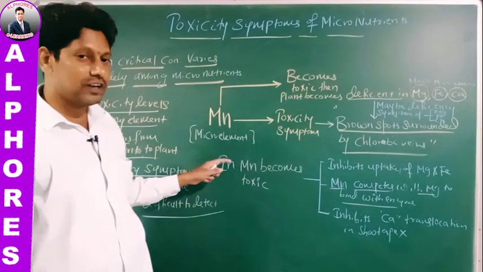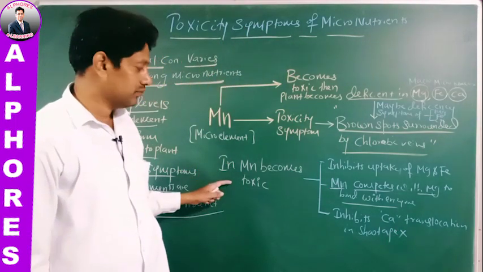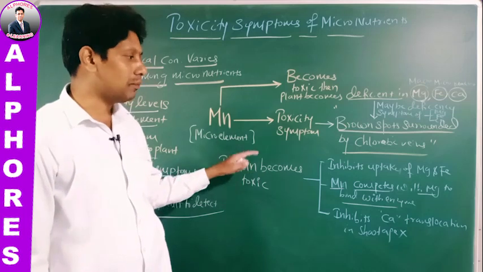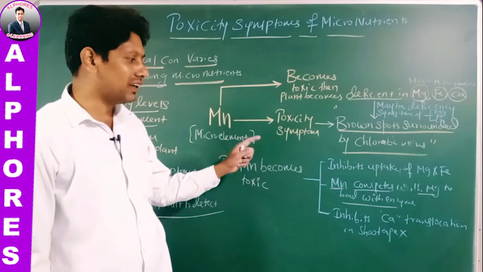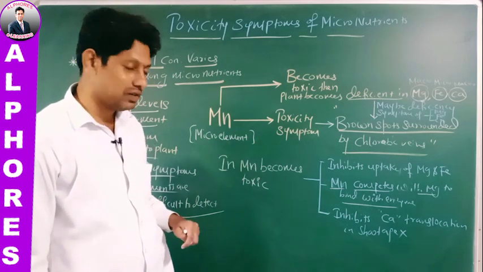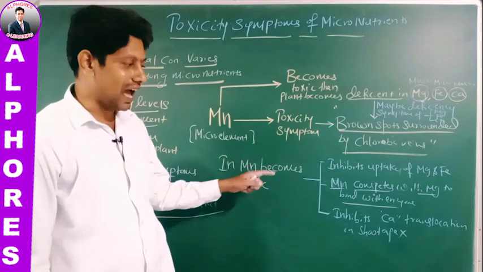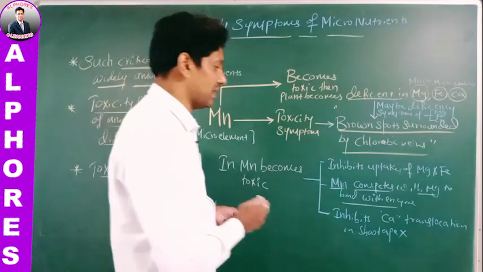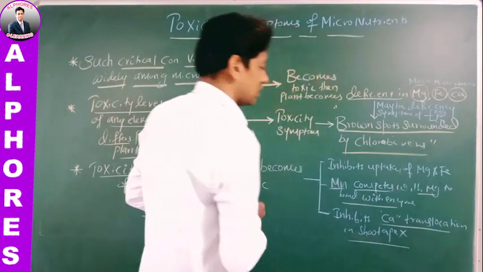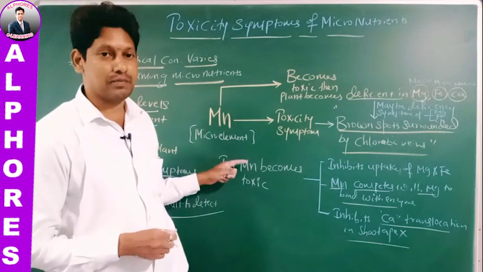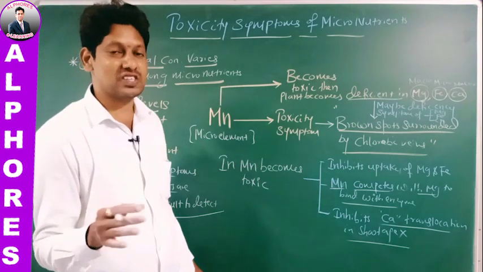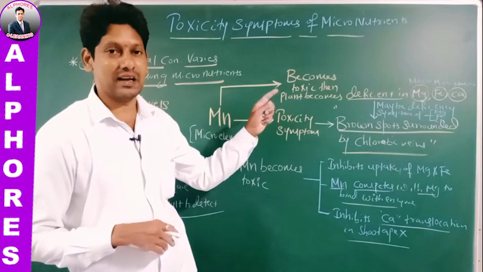Therefore, if manganese becomes toxic, this manganese inhibits uptake of magnesium and iron. Manganese competes with magnesium to bind with an enzyme. This manganese inhibits calcium translocation in the shoot apex. So automatically toxicity of manganese leads to deficiency of magnesium, iron and calcium.